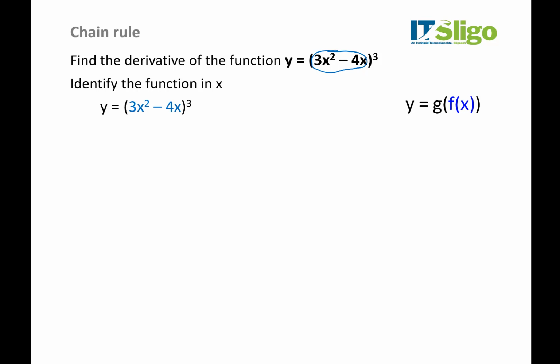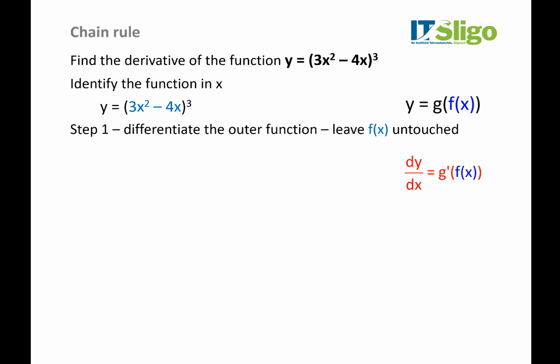So now step 1 is to differentiate the cubed, and remember, anytime we have a power, we bring down the power and we reduce the whole power by 1. So that's step 1 done. But the key then is to leave f(x) alone.